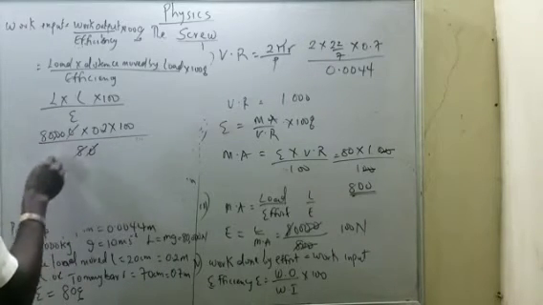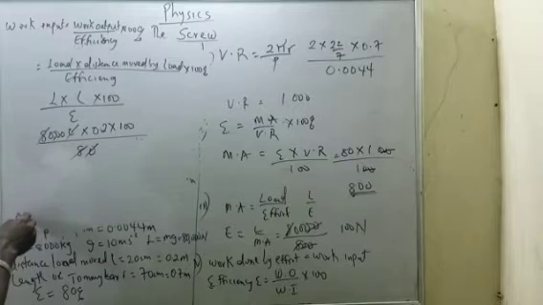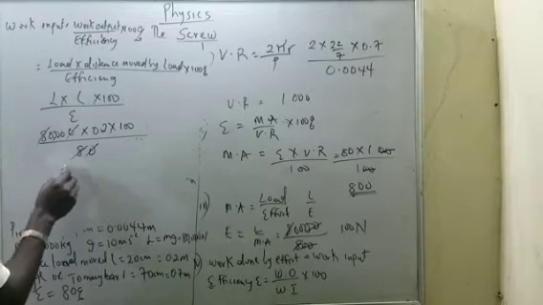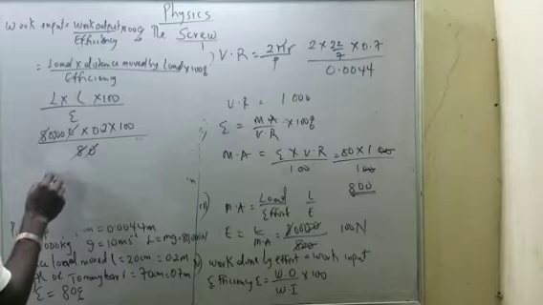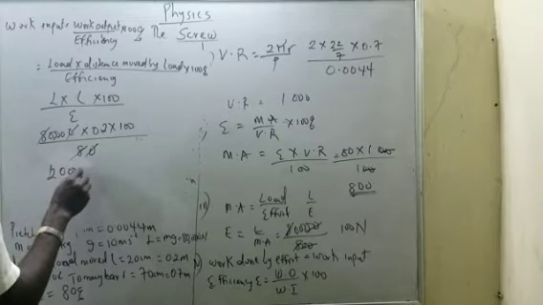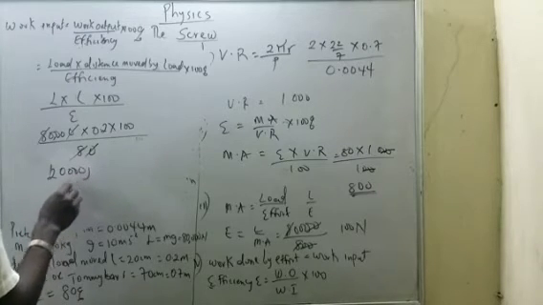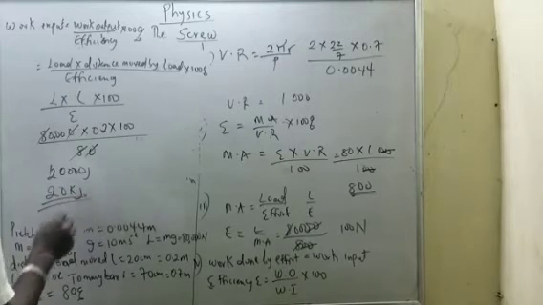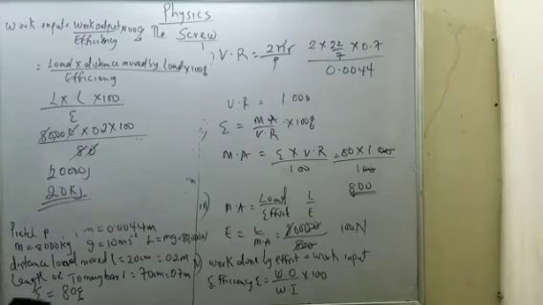This will cancel, this will cancel. Now I'll be having multiplied by 2, which gives 20,000 joule, which is the same as 20 kilojoule. That is my answer.